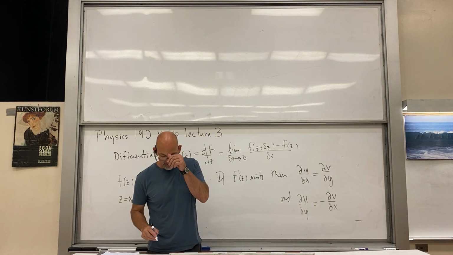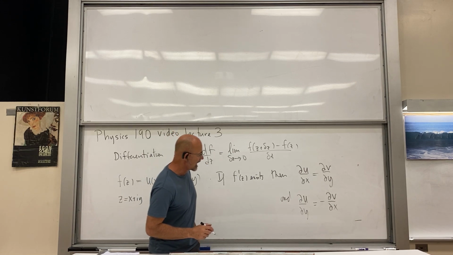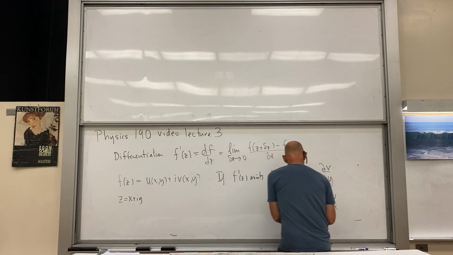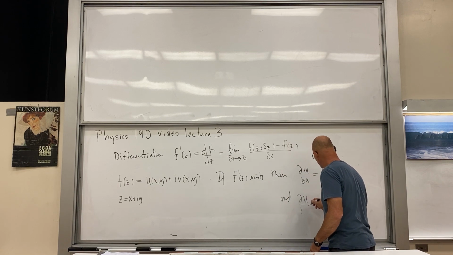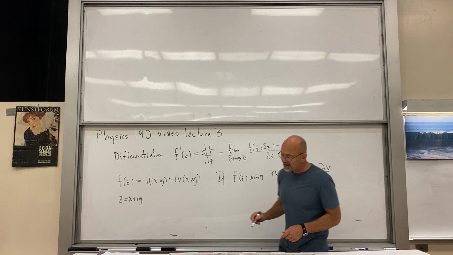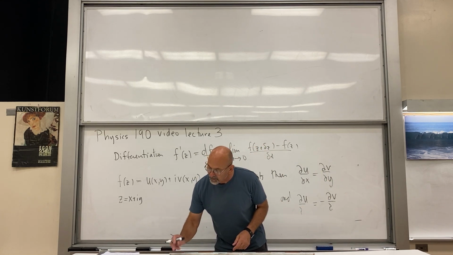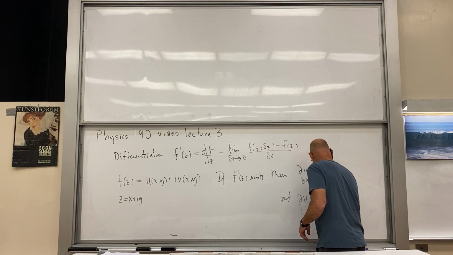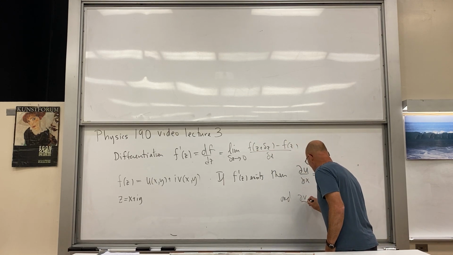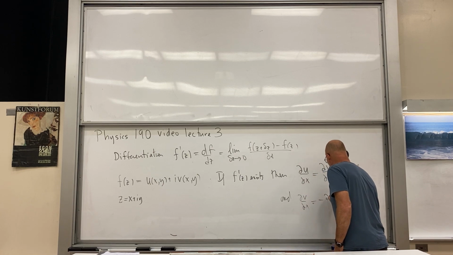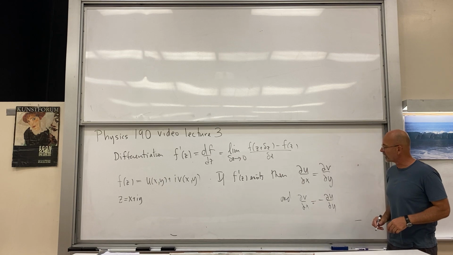Making sure I got that right. Did not get that right. So dv dx, I should make sure I copied this down correctly: dv dx equals minus du dy. Good, so those are the Cauchy-Riemann equations.